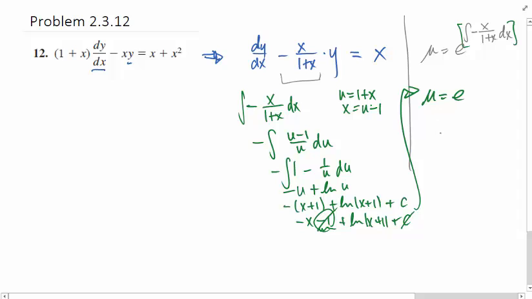If we put this as a power of e, this is negative x plus ln of x plus 1, and when we work that out, this is e to the negative x times e to the ln of x plus 1. Okay, that is our integrating factor.